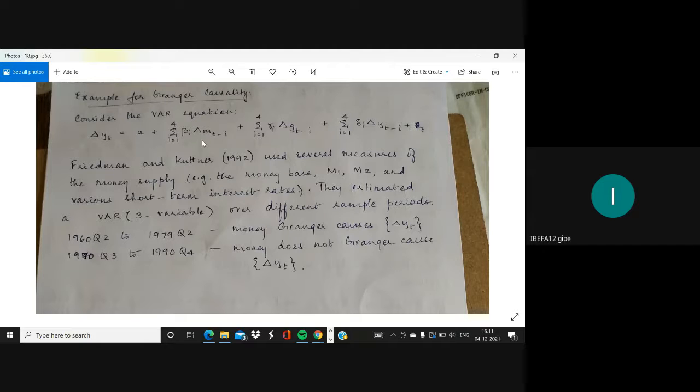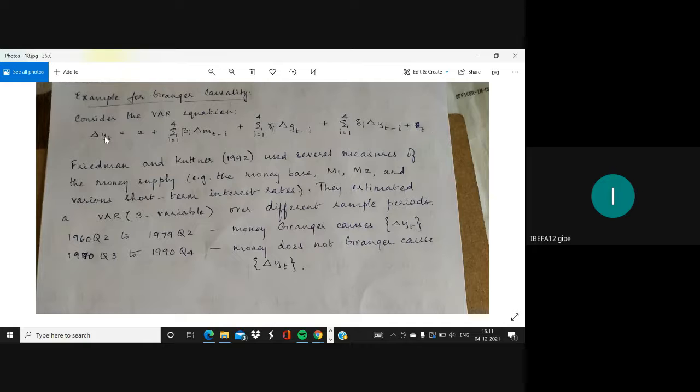So this is the structure which they used, and we are looking at one particular equation. The other equations would have obviously had money supply as the dependent variable, then government expenditure as a dependent variable, and so on. So this is a 3-variable VAR. So what they found is when they conducted the Granger causality test to check if these lagged values of money supply should be entering this GDP equation.